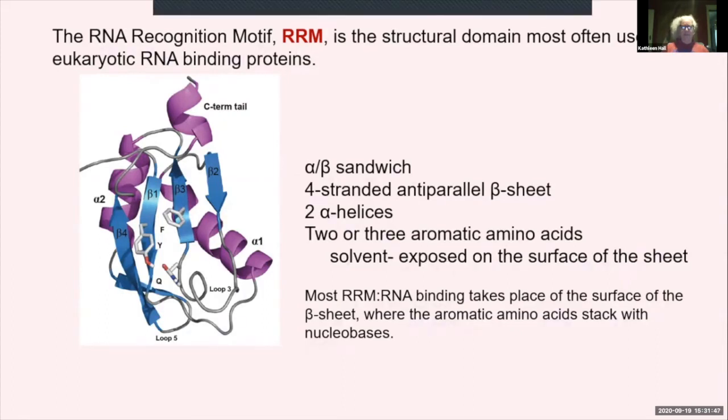What's important about these proteins, and what makes them distinguishable among all the other alpha beta sandwiches out there, is the fact that they have aromatic residues that are exposed on the surface of the beta sheet. And these amino acid residues are actually stacked with the nucleic acid bases. That's one of the ways we can distinguish and recognize them.